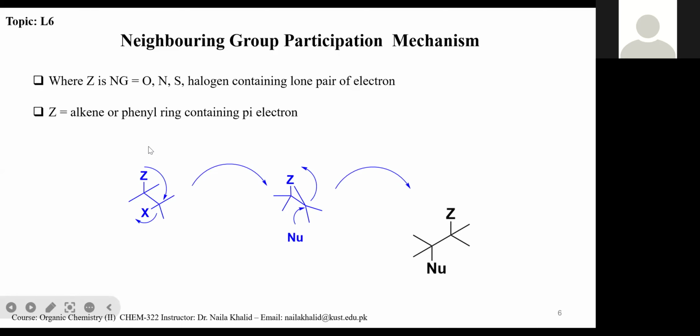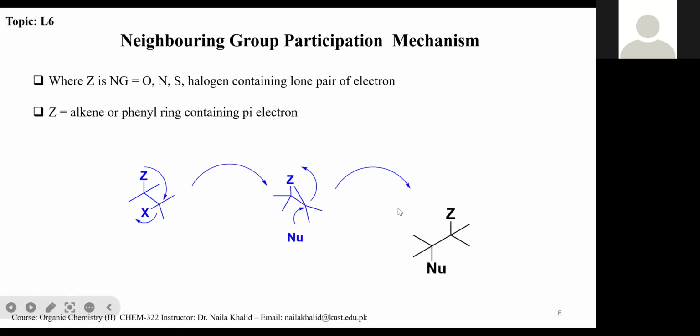That lone pair of electrons or pi electrons will interact with this reaction center, assisting in the removal of this leaving group. So when this leaving group leaves, a cyclic intermediate is formed, and then the incoming nucleophile will attack from the front side, which is open.